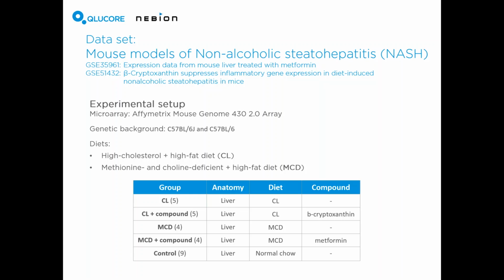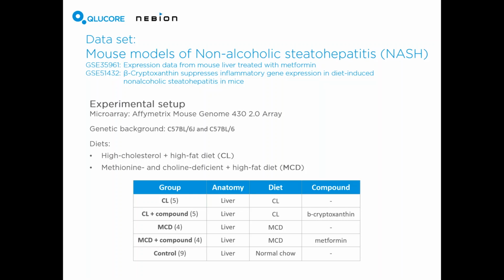And they generate their data using an Affymetrix gene chip DNA microarray analysis conducted on liver tissue samples obtained from mice with identical genetic backgrounds. In one study, the CL diet is also deficient in methionine and choline, and hence we will refer to it as MCD.